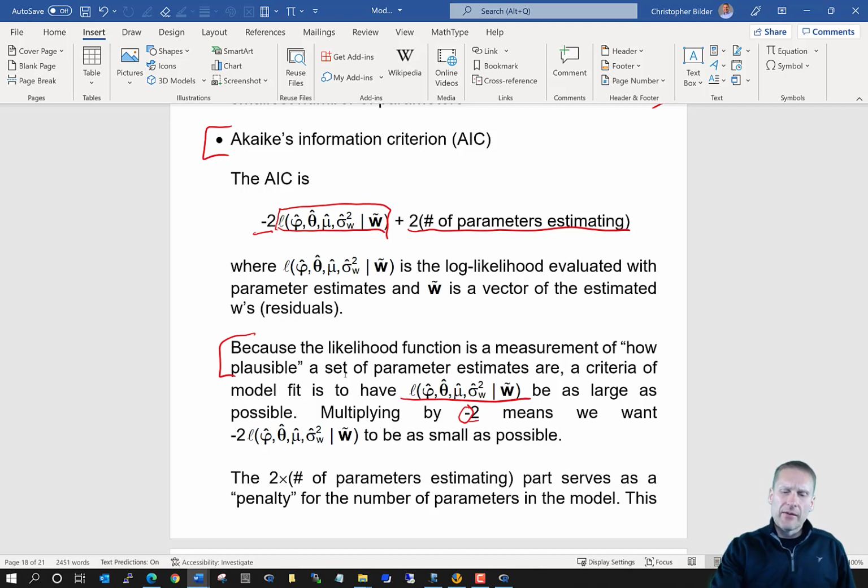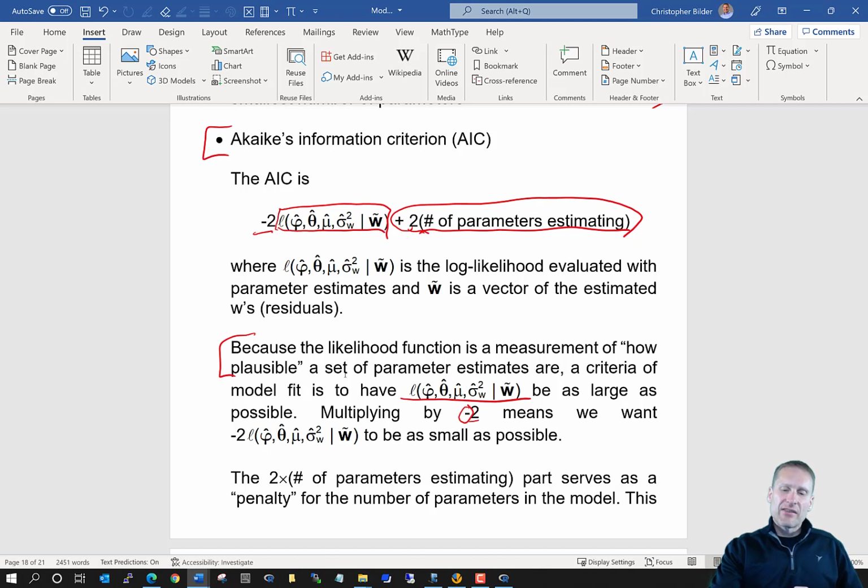So because of that, we add to the -2 log likelihood function a penalty. We take 2 times the number of parameters that we're estimating. So if you're estimating too many parameters to try to make that log likelihood function even greater, this is going to correct for that.